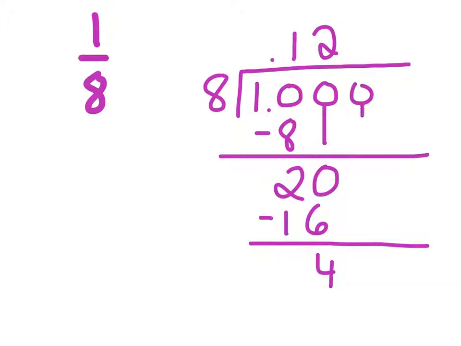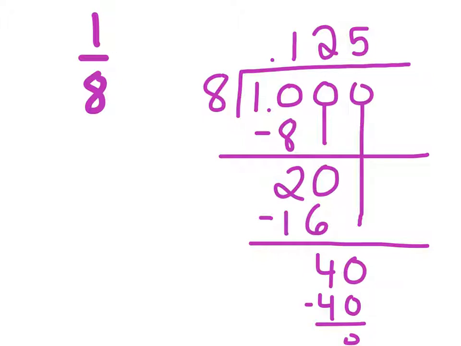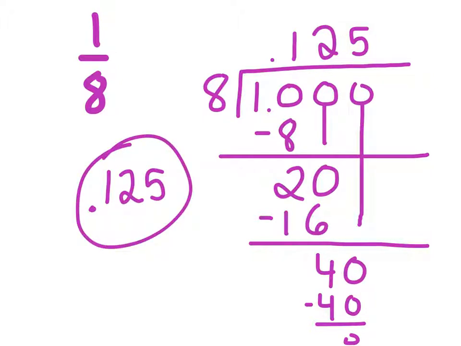Add yet another 0 and bring it down. 8 goes into 40 5 times, and 8 times 5 is 40. When we subtract, we have no remainder. So our answer, 1/8 as a decimal, is 0.125. And that would be your solution.